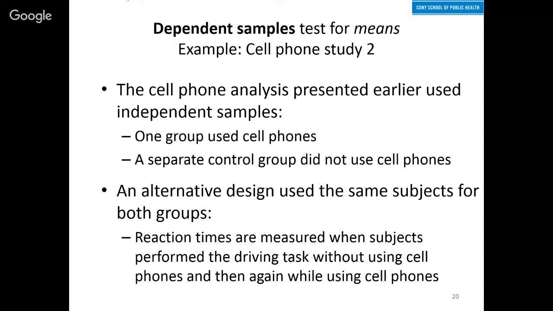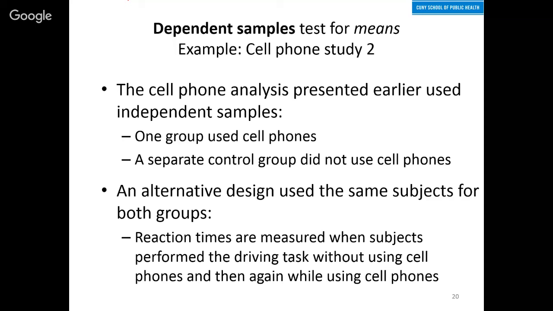So what's going to happen if we have everyone use their cell phones the first time they take the test and no cell phone the second time they take the test? Would they maybe do better with their cell phones relative to how they would do without if they use their cell phones first? Yeah, maybe.